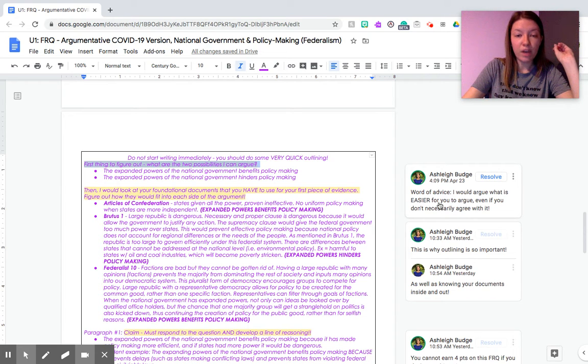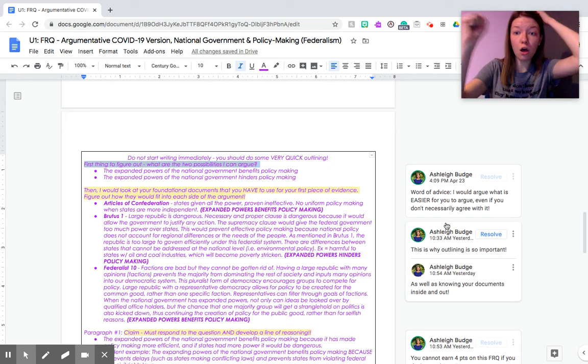Here is a word of advice, okay? When you look at the prompt and you look at the documents that are given to you, it should be pretty clear that there is a side that is easier to argue than another. My word of advice is argue for what is easier for you to argue rather than what you necessarily agree with, right?